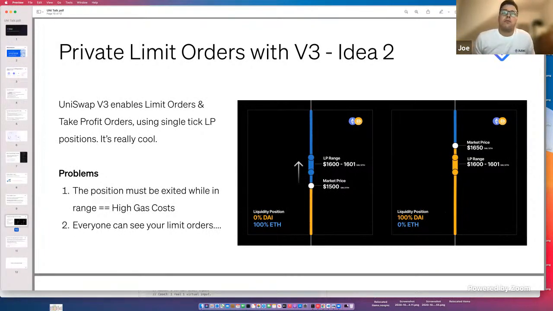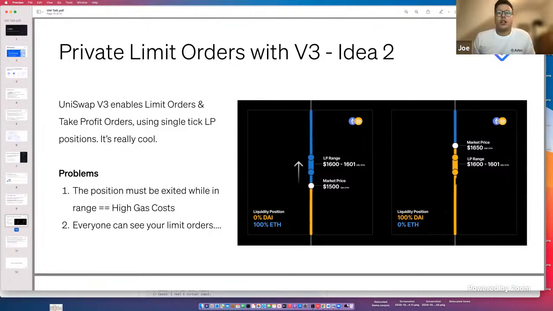The main problems are you have to enter into an LP position, so it's expensive, not really suitable for everyday users. The position must also be exited whilst the price is in your target range. So if the price goes up to 1,650, but then comes back down to 1,500, you'll receive trading fees, but your position will be back in ETH again, which is not what you wanted for your trade intent.